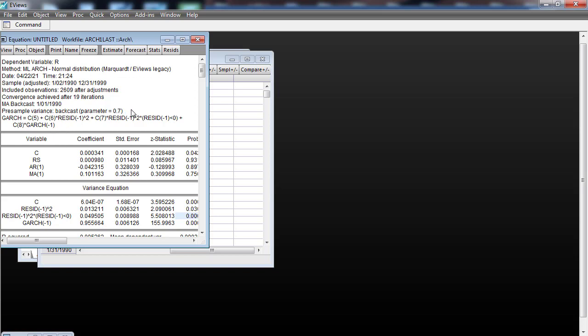The coefficient here is positive and statistically significant.